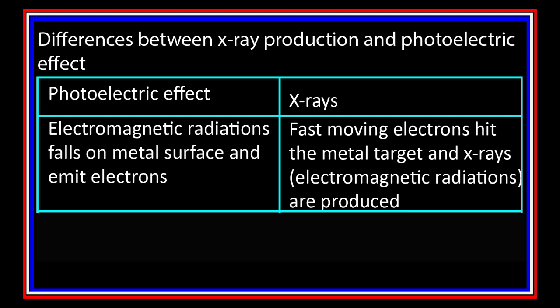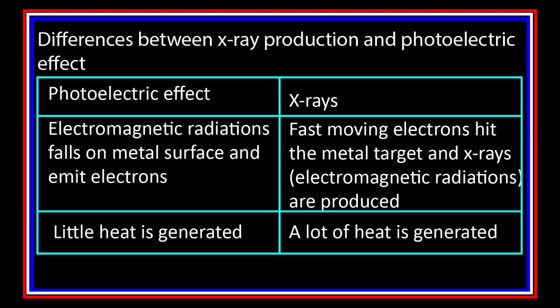In X-rays, fast moving electrons hit the metal target, and X-rays, electromagnetic radiations, are produced. In the photoelectric effect, little heat is generated. In X-rays, a lot of heat is generated.